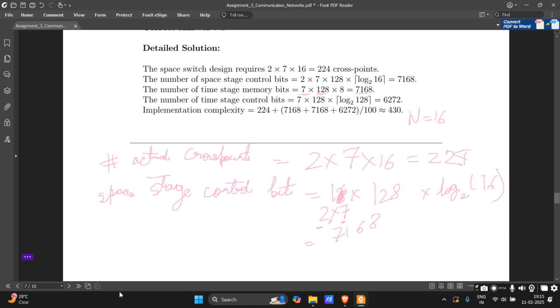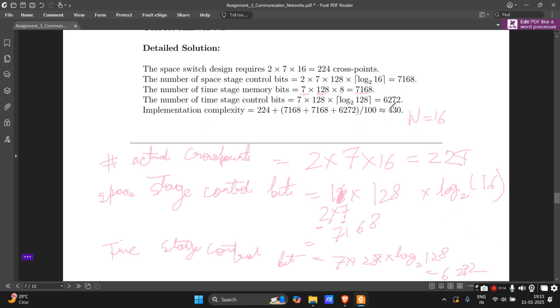So here the number of channels will come into play. So this will be 6272.